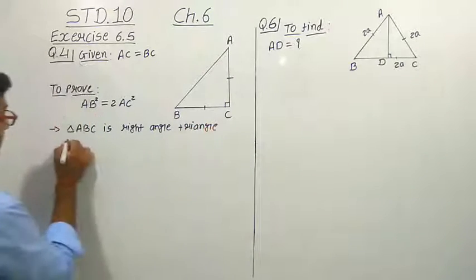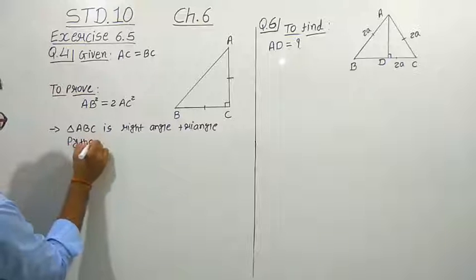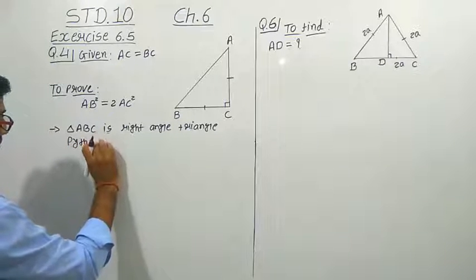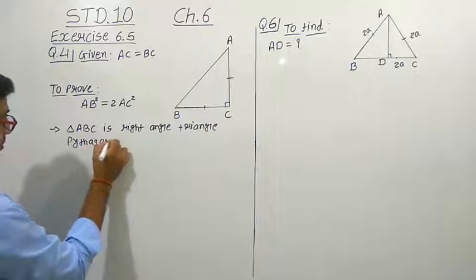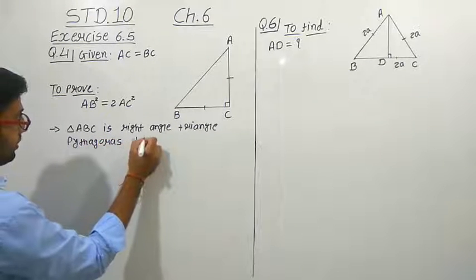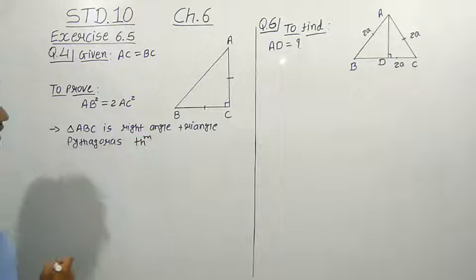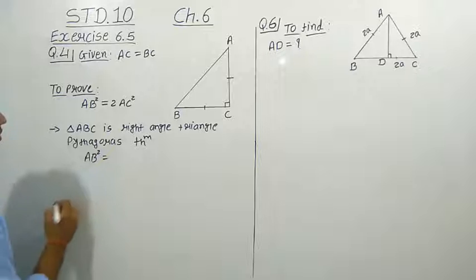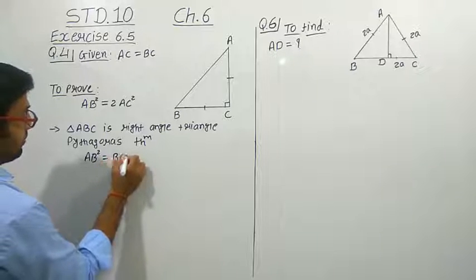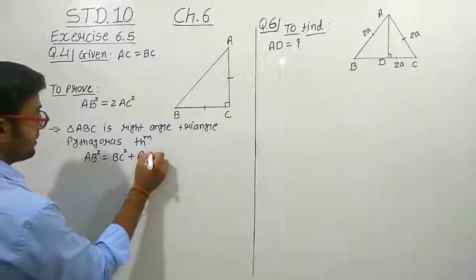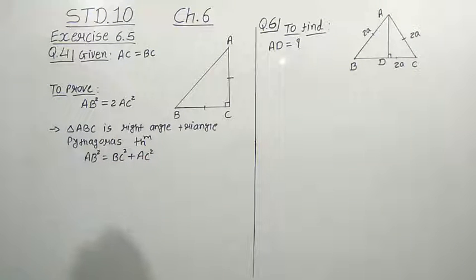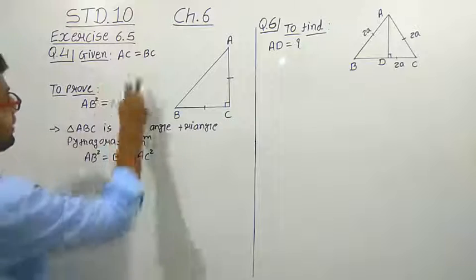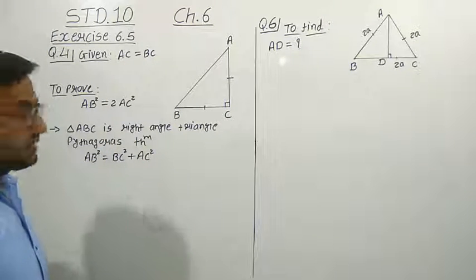So according to the Pythagoras theorem, we can write down that hypotenuse square, that is AB square, will become equal to BC square plus AC square, right? Okay, now what we have given that instead of AC we can put down BC, or instead of BC we can put down AC. Both are equal.